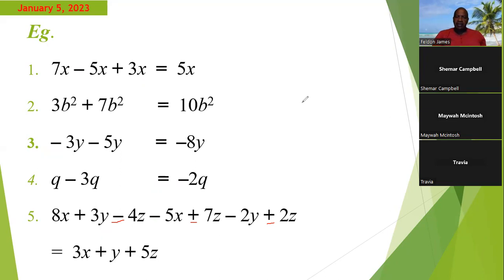So all the rules that you learned when dealing with integers, you have to apply them when you're simplifying algebra. All right, so I hope that is clear for everybody. So we want to move on now to the next part.